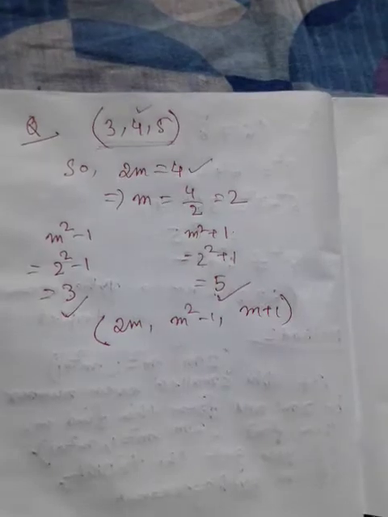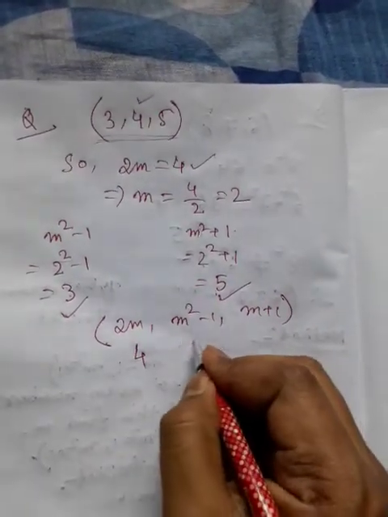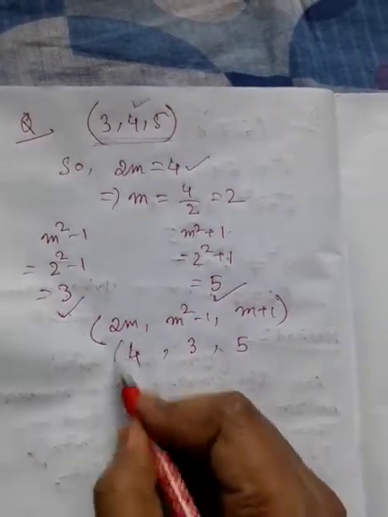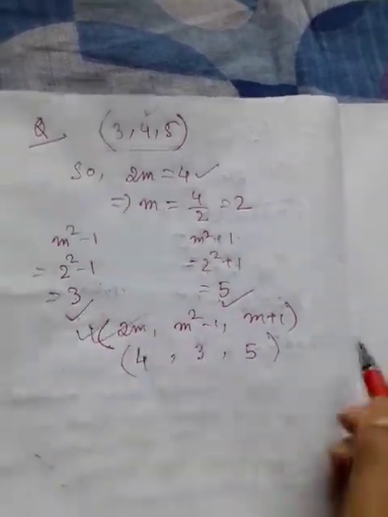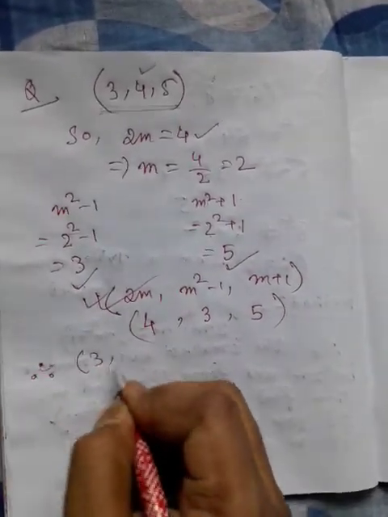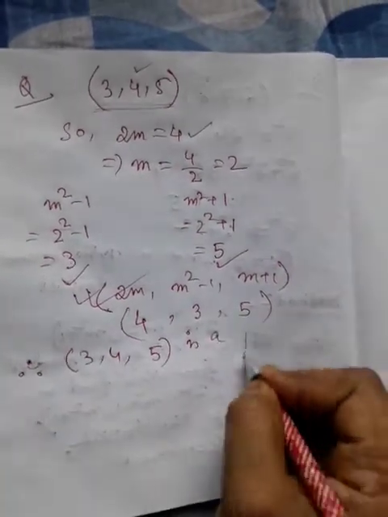We have got this form. 2m is 4, m square minus 1 is 3 and m square plus 1 is 5. So we can say that 3, 4, 5 is a Pythagorean triplet.